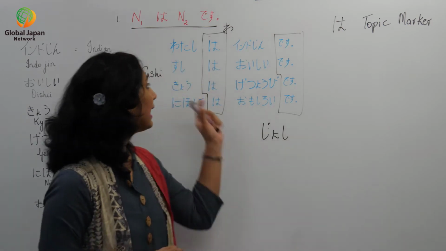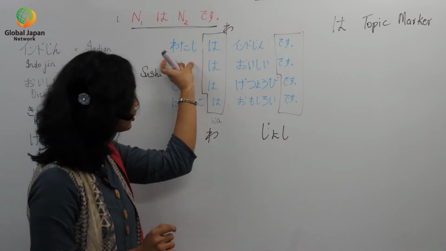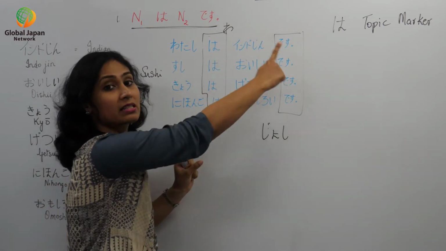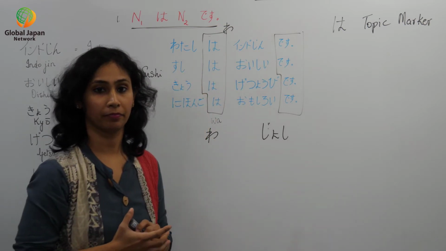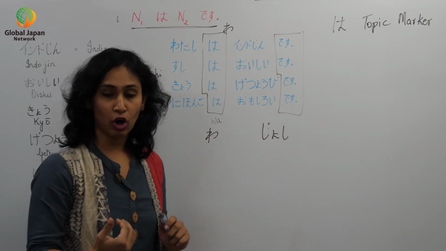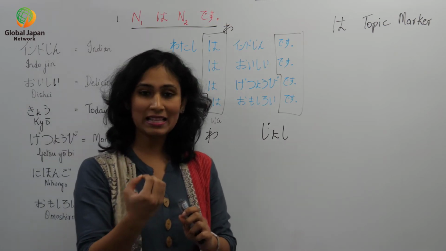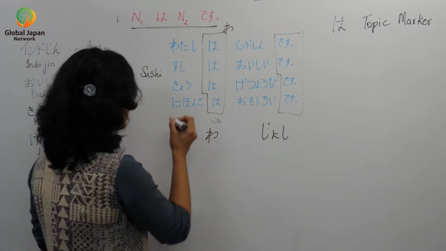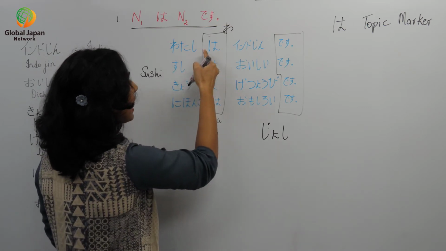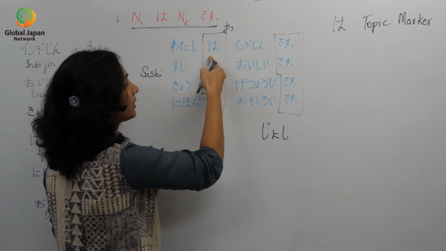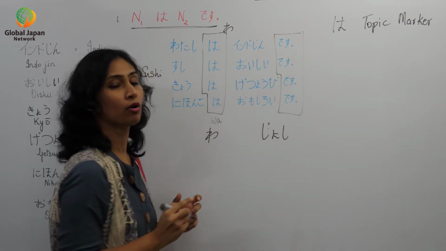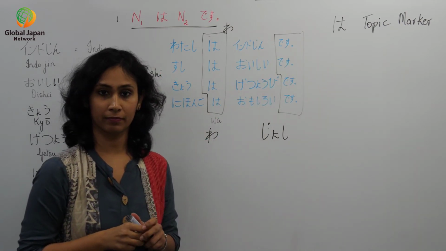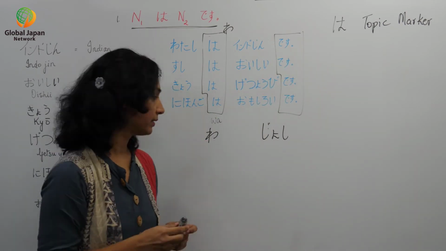Topic is any word about which the rest of the sentence gives you information. Take any topic, you want to tell something about this topic, so all you have to do is, after the topic, add the particle wa and then give information about the sentence. I'm repeating it again.